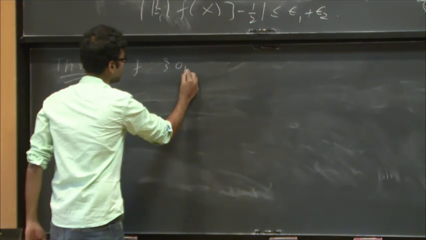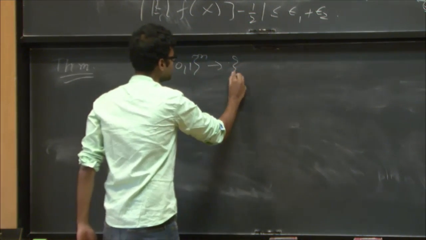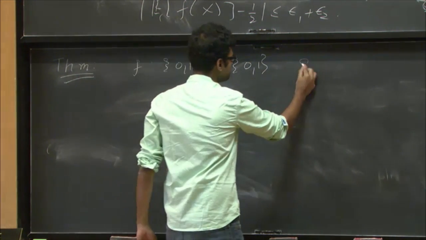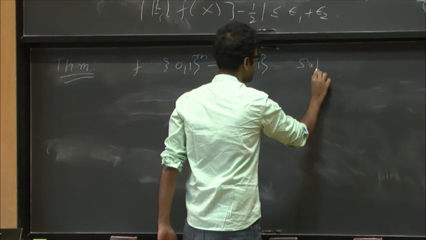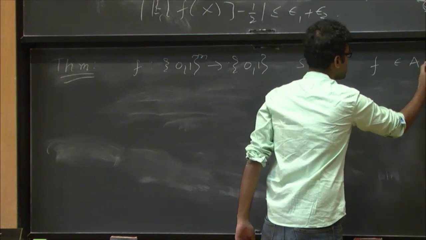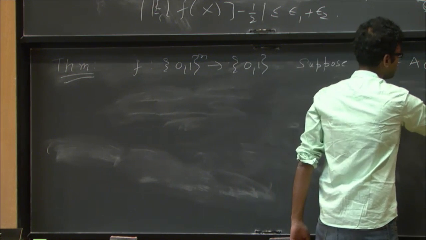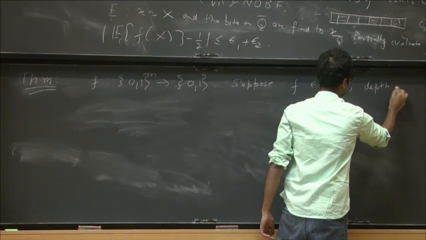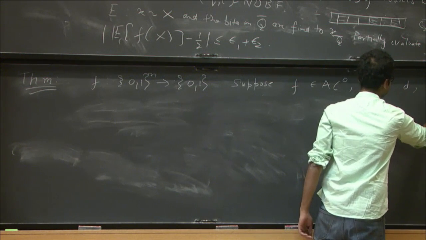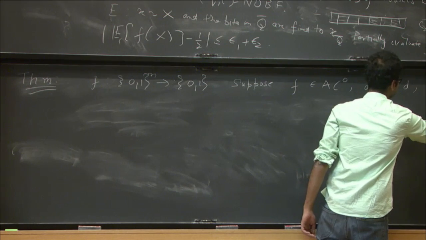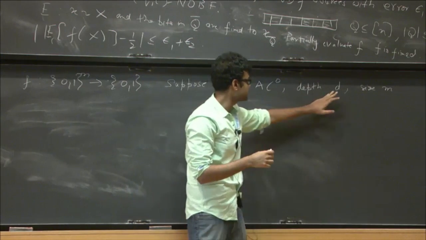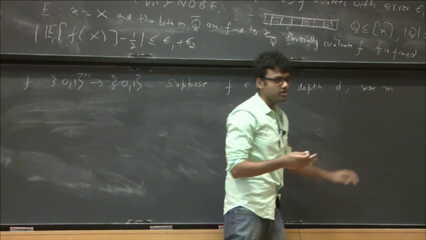So more formally, again, suppose f is from n bits to 1 bit. Now suppose f is an AC0 circuit of small depth d and size m, where think of d as a constant and m as poly in n.